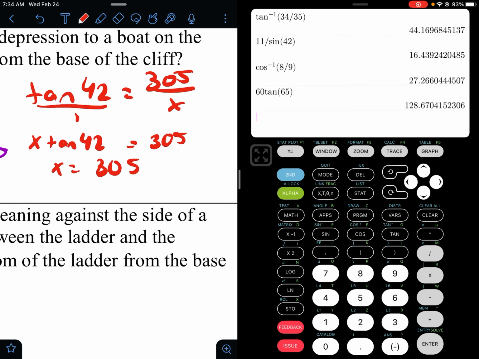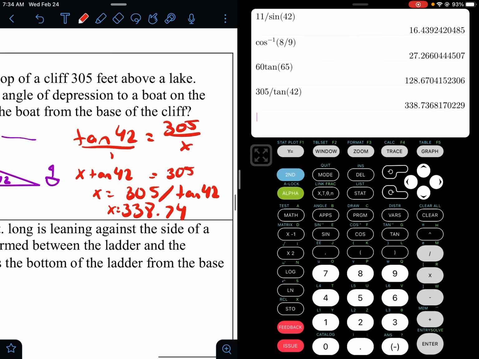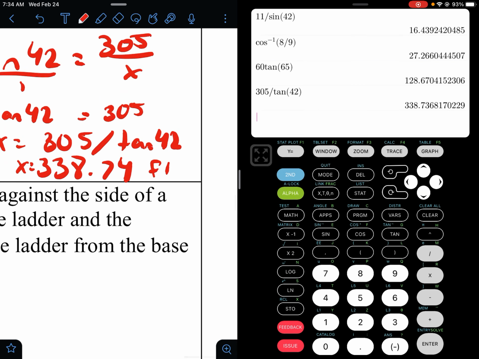So we get 305 divided by tangent of 42, which is 338.74. We want it to the nearest hundredth. Ooh, what's the units on that? That is feet.